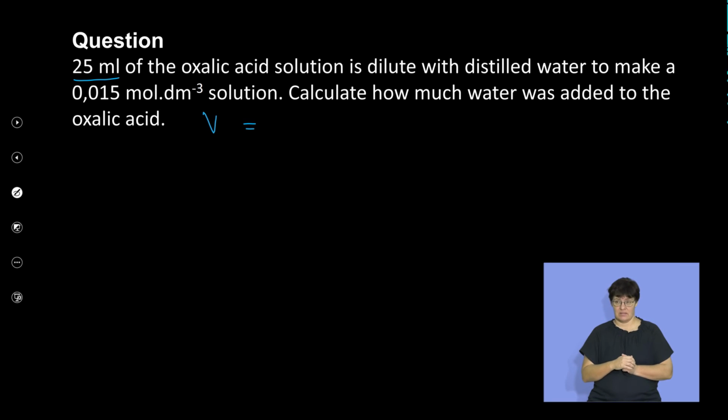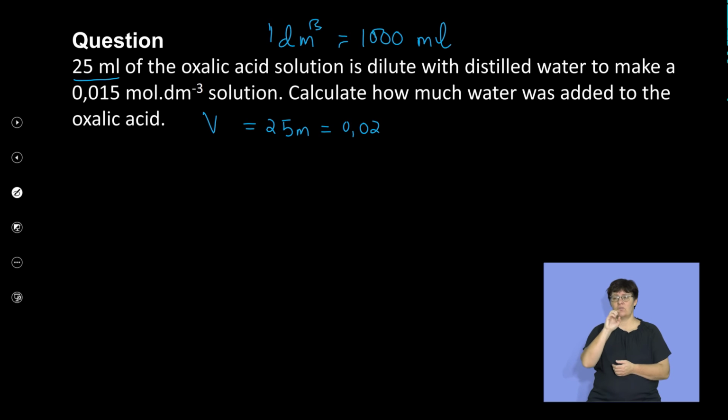I prefer to work with the SI unit, so we divide that by 1,000, because 1 cubic decimeter is equal to 1,000 cubic centimeters. So that volume, 25 mils, is equal to 0.025 cubic decimeters. That's the volume. It's diluted with distilled water to make that concentration.